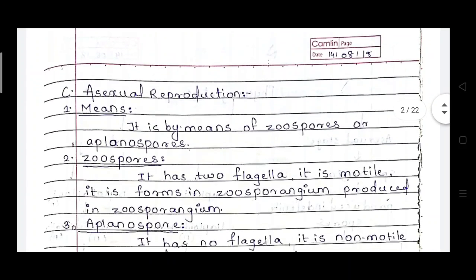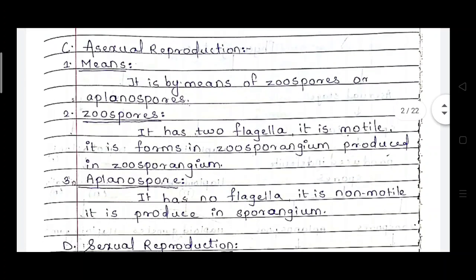Then next is about asexual reproduction. Asexual reproduction is by the production of zoospores or aplanospores. What is a zoospore? A zoospore has two flagella, is motile, and forms in the zoosporangium.